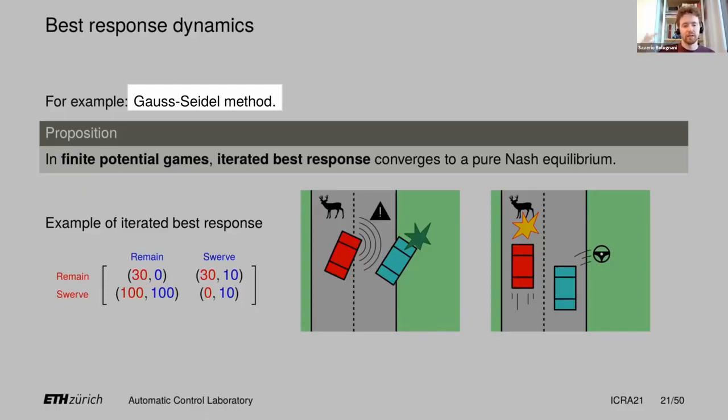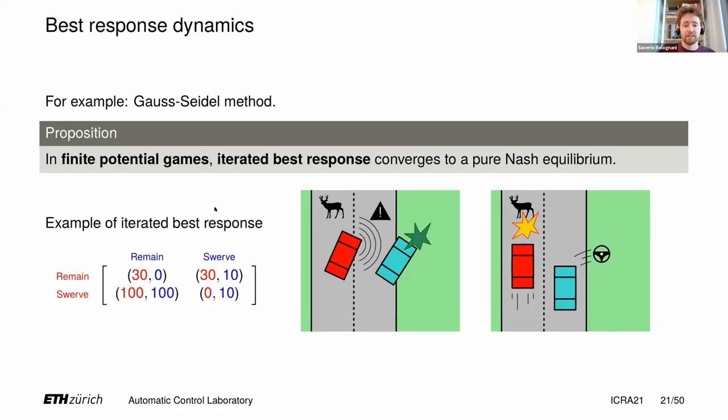You cycle through the coordinates until you converge. You can just take this from nonlinear optimization and use it to find the Nash equilibrium. In fact, it's very practical for the solution of a potential game. That's what is called, with a different name, iterated best response. So what you get almost for free for potential games is that iterated best response is guaranteed to converge to pure Nash equilibria in a finite potential game.